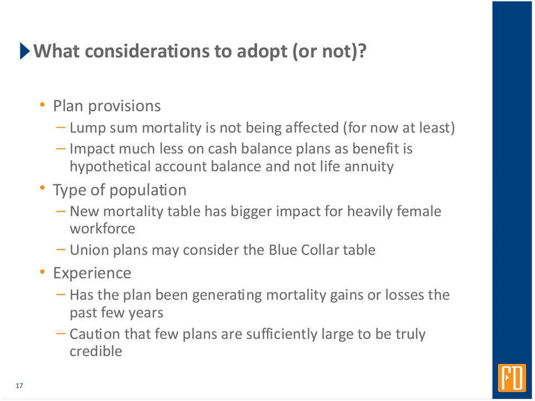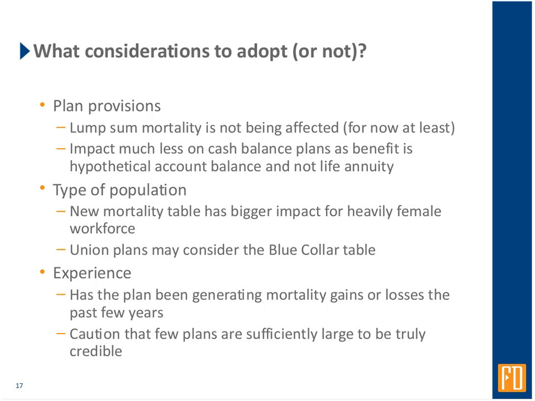So to pull this all together, what considerations do you really need to look at as to whether to adopt this table or not? Probably the most important thing is just understanding your own plan and what impact that may have. If you are a plan that offers lump sums right now, chances are you are reflecting that lump sum assumption as part of your cash flow and liability determinations.